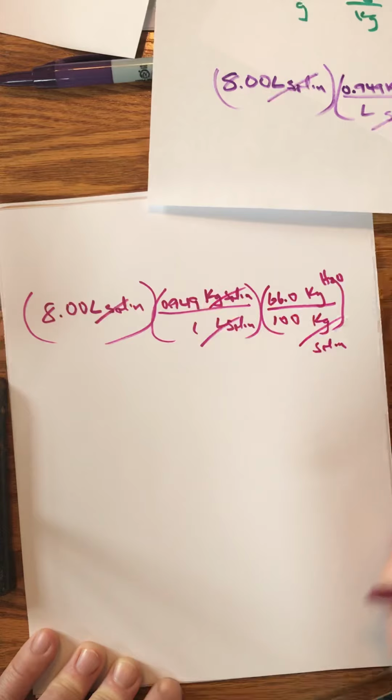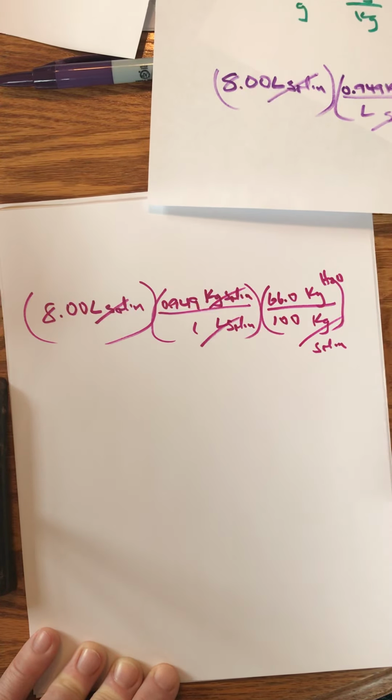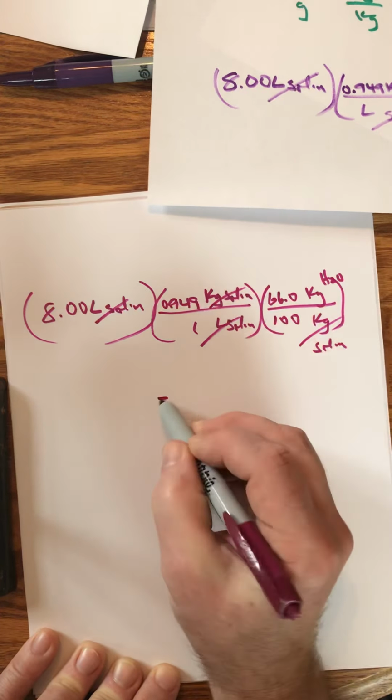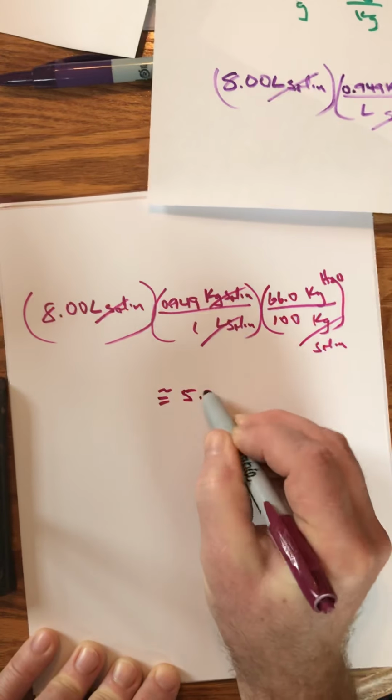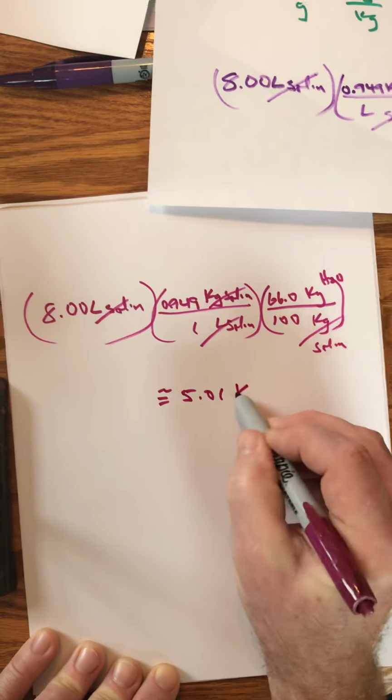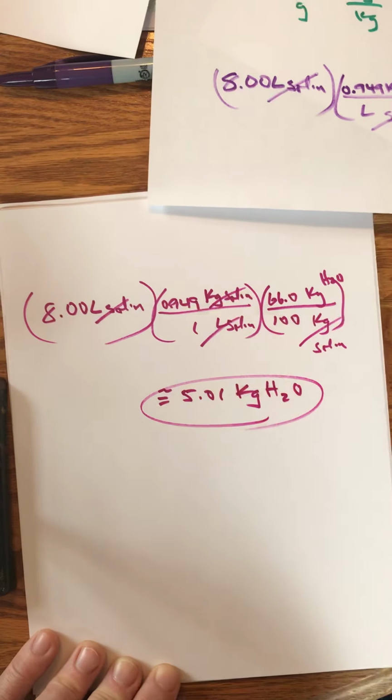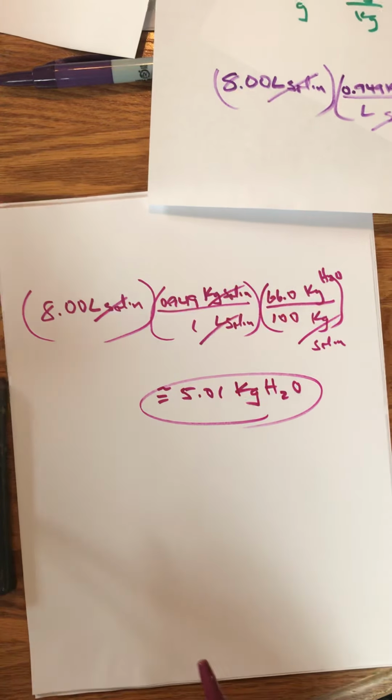I'm working in kilograms this morning. 8 times 0.949 times 66 divided by 100. And you've got roughly, with 3 sig figs, 5.01 kilograms of water.